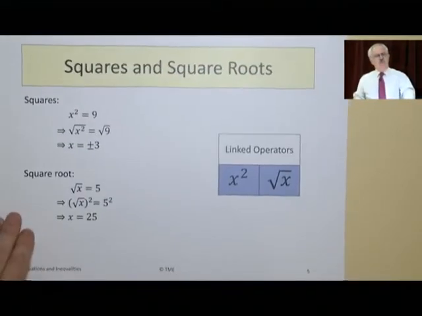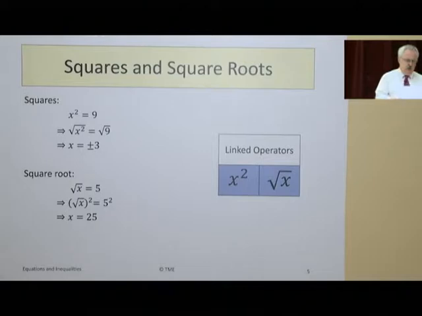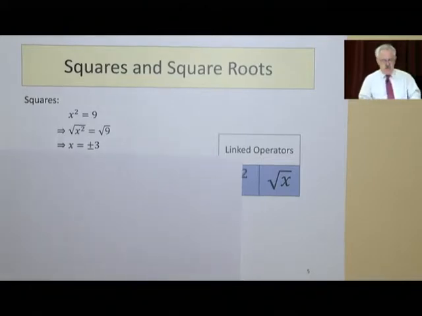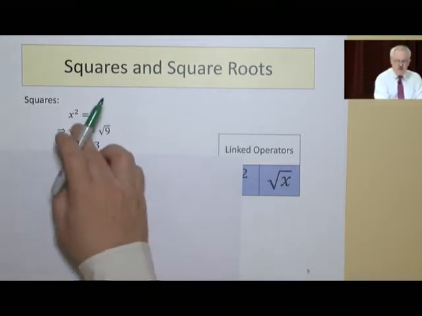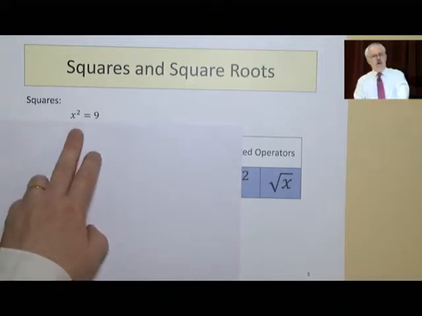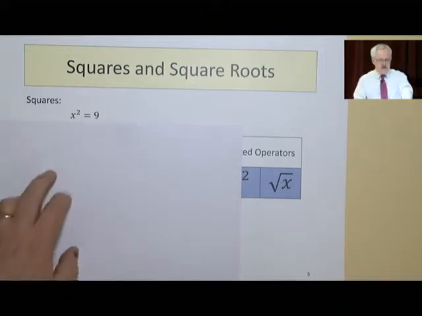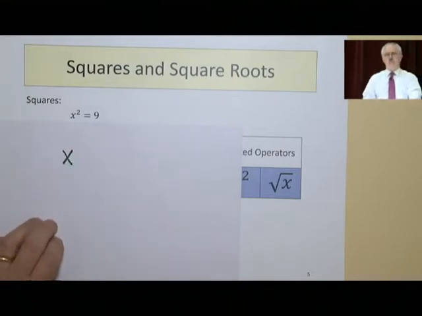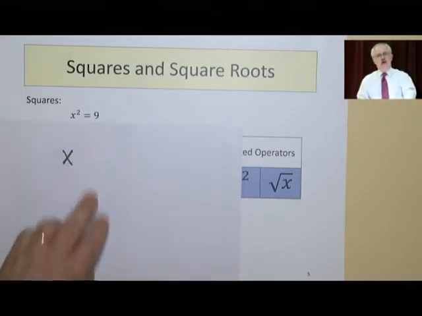Now, we move through primary, and we're moving up now, and we're looking at, say, later years in primary, and we're saying, what about squares? Well, x squared is 9. I don't like anything on the left-hand side unless it's just x. I don't like the 2 there.